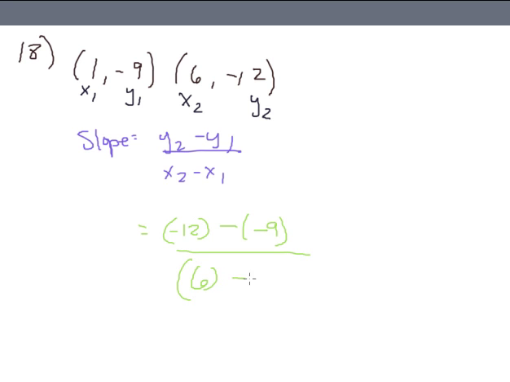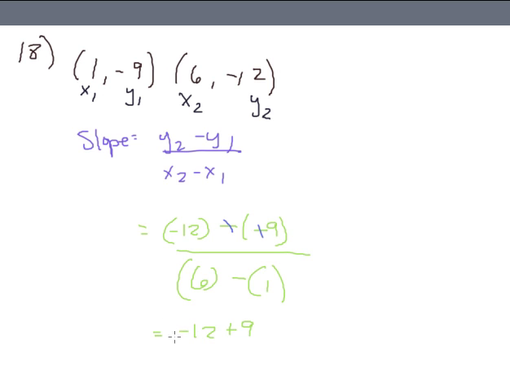Put in brackets, subtract by x1, which is 1. Okay? Then remove your brackets here. So I have negative 12. Negative and negative will turn into a positive 9. Because remember in class we were looking at subtracting negatives, and you'd have to change this to a positive and then change this to a positive. So that's why it's now a positive.